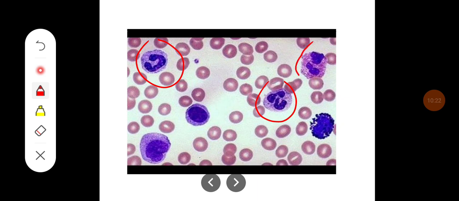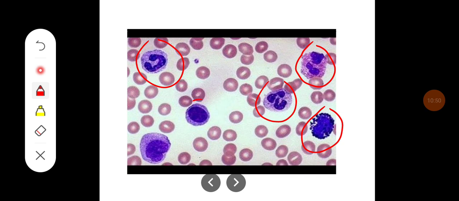So this is eosinophil, which has a bilobed nucleus, and it has coarse granules which stained brick red in color. So this is basophil, slightly smaller than the eosinophil. The granules are very coarse, and you will not be able to appreciate the nucleus properly because of the overlying granules.